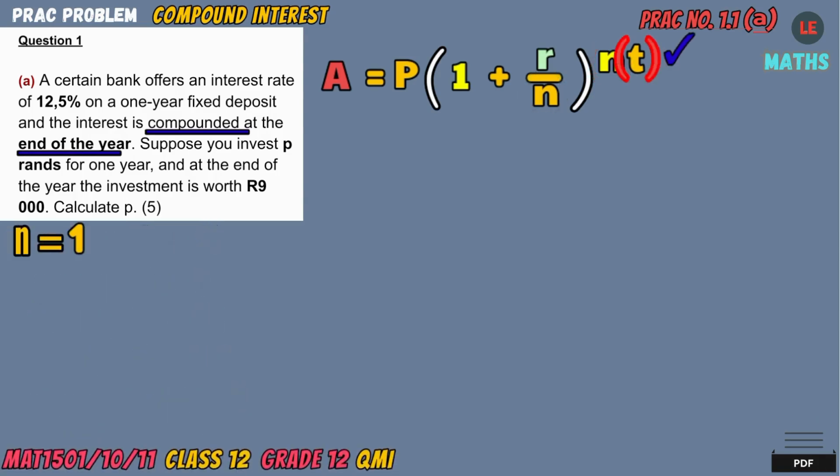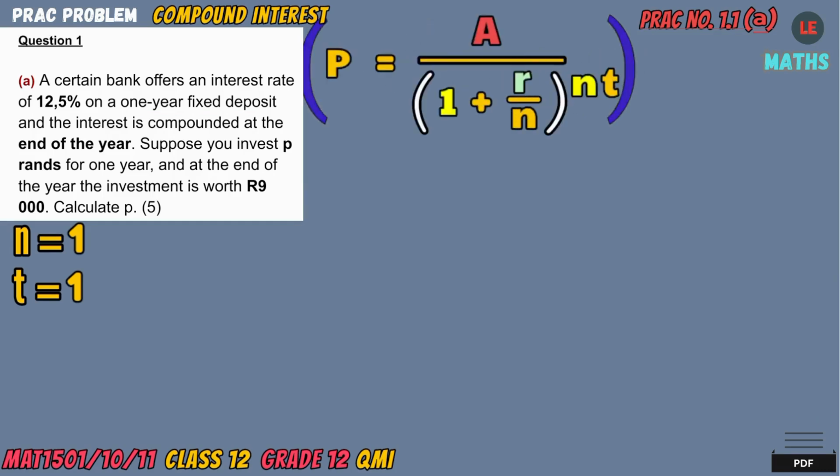T is the period. Usually it is in years. In this problem, it is only 1 year. In that case, T is 1. In this formula, we make P the subject of the formula like this. This A is 9,000. Interest rate is 0.125.